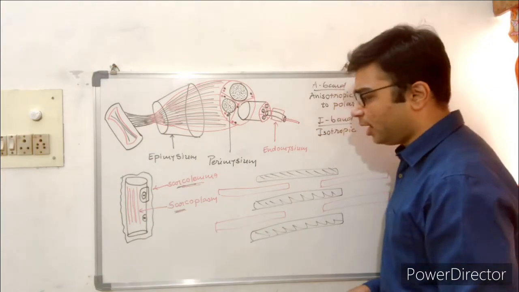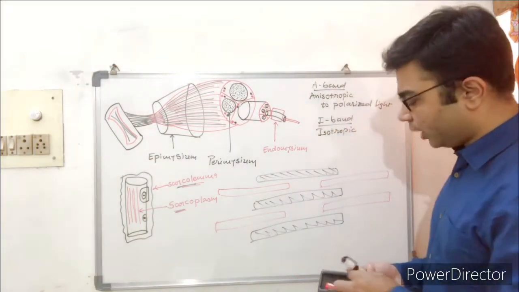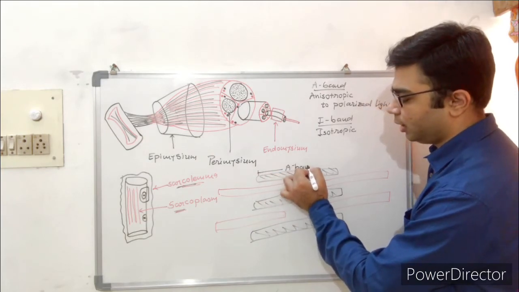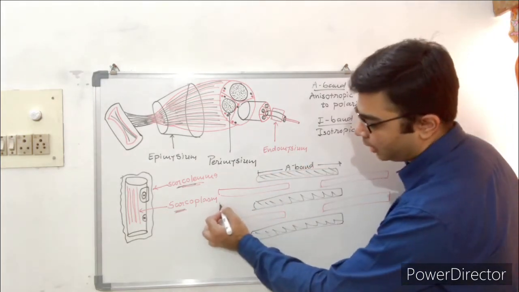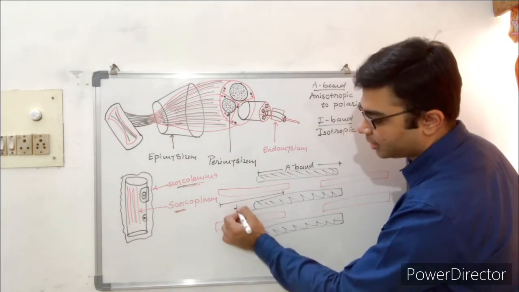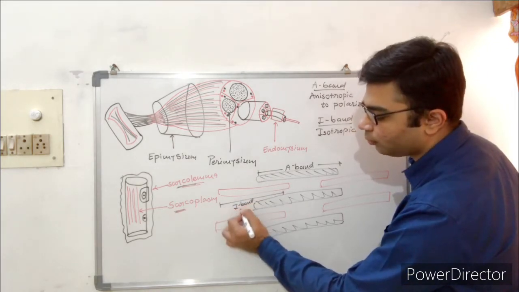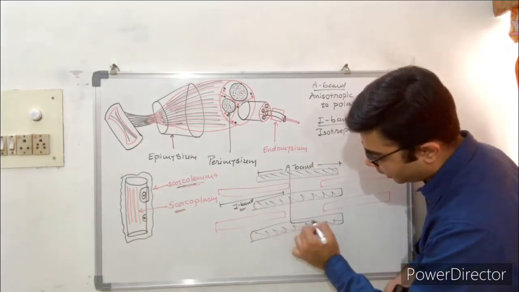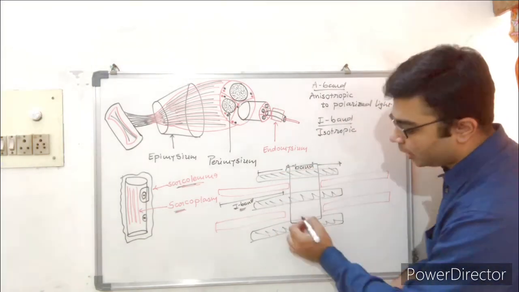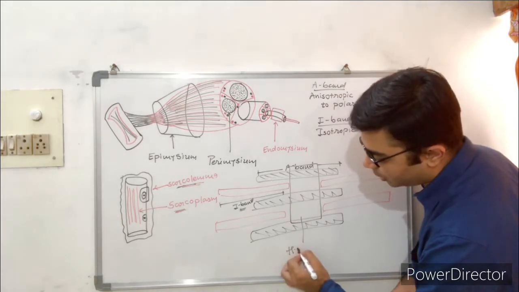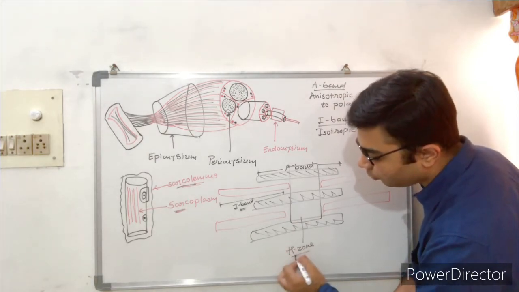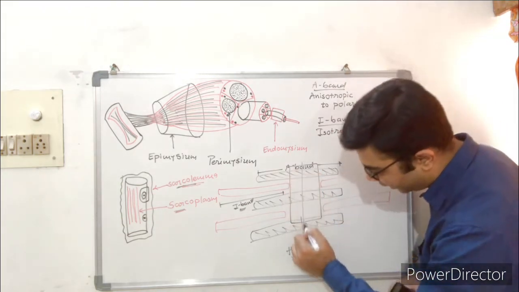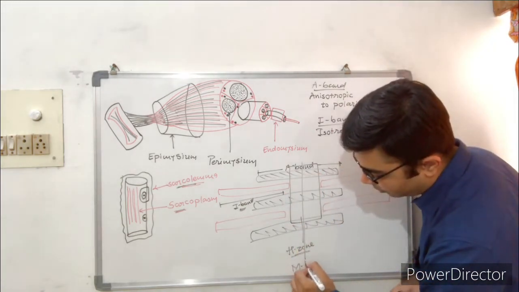In these dark and light bands, you can see that the centermost area is the A band, which is now clear to you, and the little bit periphery is the I band. Now the centermost area, as you can see in the middle portion of the A band, is also known as an H zone, and in the center of the H zone there is one line which is named as an M line.